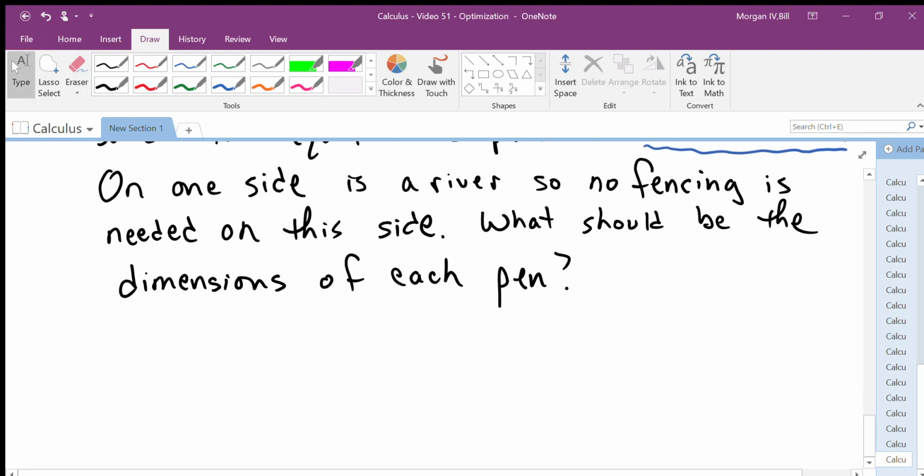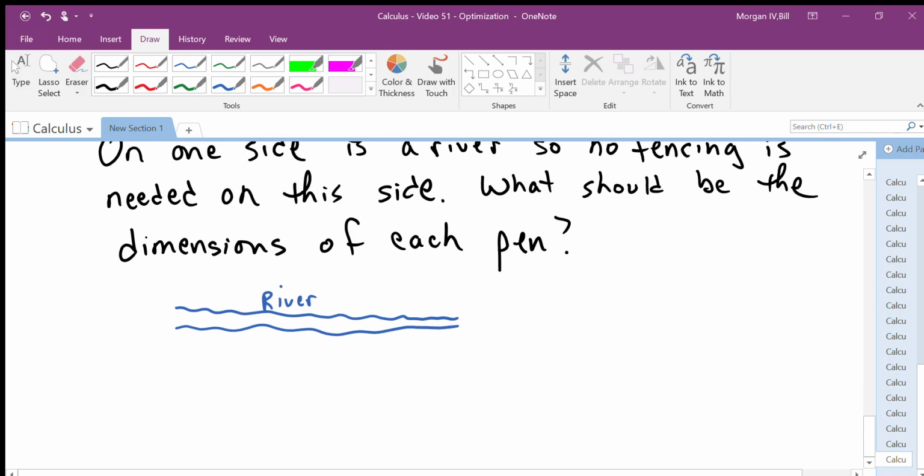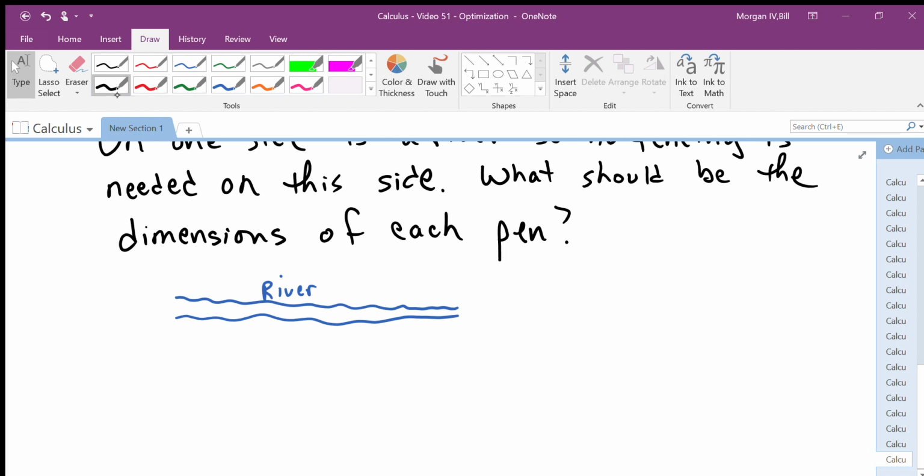So let me draw the river. Here is the river on which there is no fencing needed on that side. I would like to create 2 pens. So 2 pens means that I'm going to have a pen that looks maybe like this. There's one pen and another one the exact same size. I think the best way to create that would be to put them something like this.